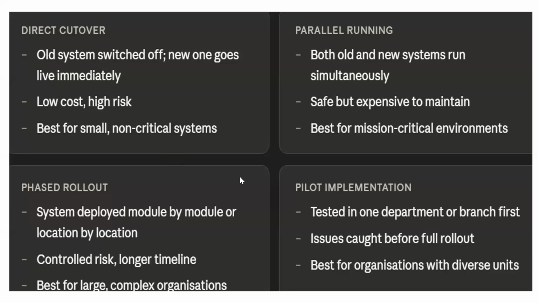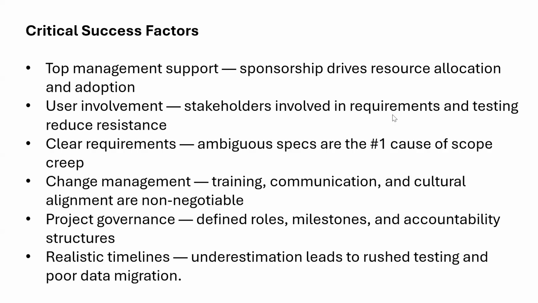Is that okay? Are we okay? Come again? Okay. So yes, you have direct cutover, you have parallel running, you have phased rollouts, and then you can have pilot implementation strategies.